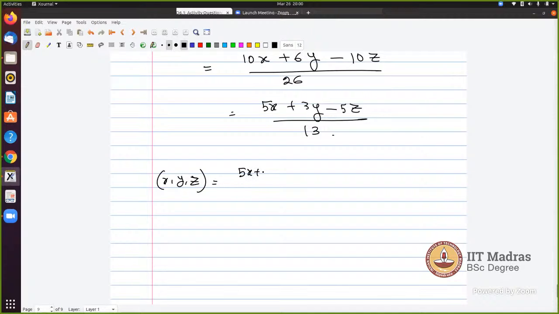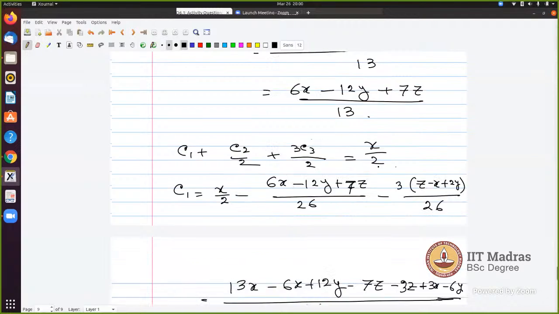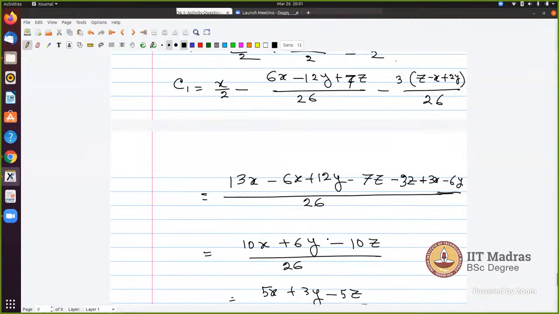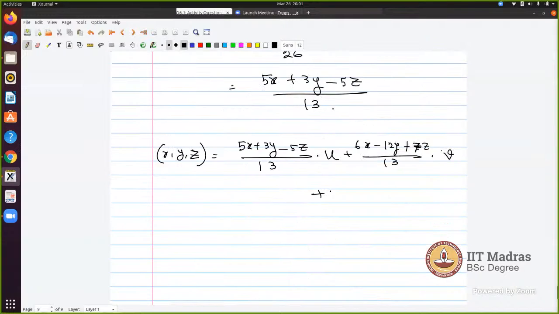This is my C1 into u, plus what is C2? (6x minus 12y plus 7z) by 13 into v, plus that C3, (z minus x plus 2y) by 13 into w, right?